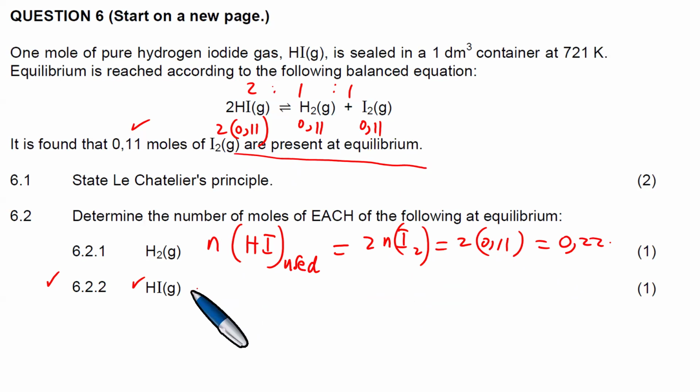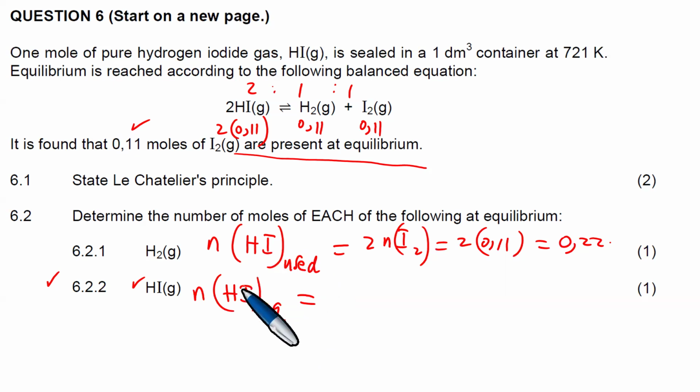Let's look at the number of moles of hydrogen iodide at equilibrium. Remember that now we need the number of moles at equilibrium.